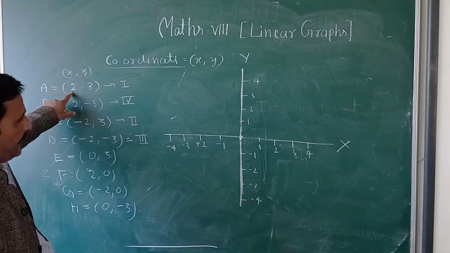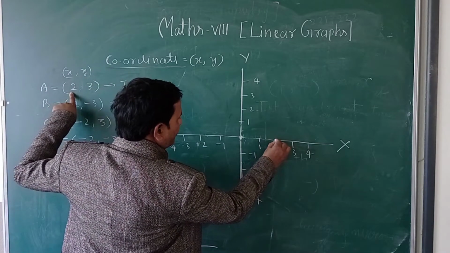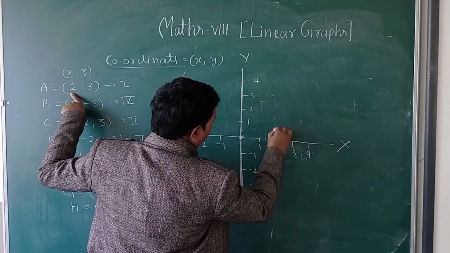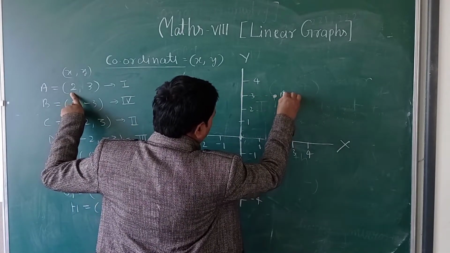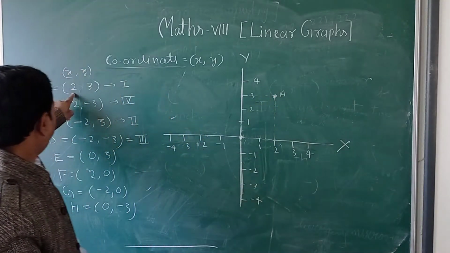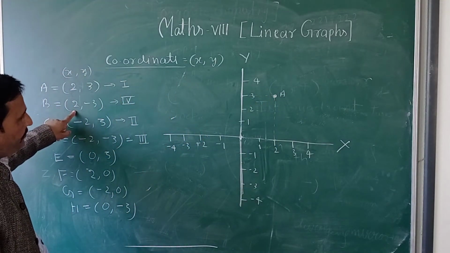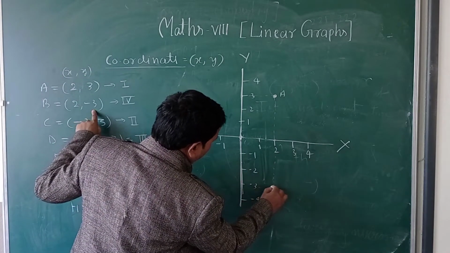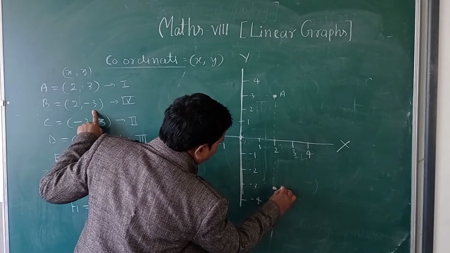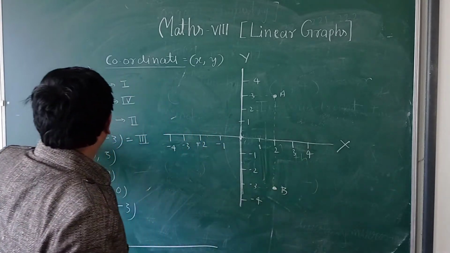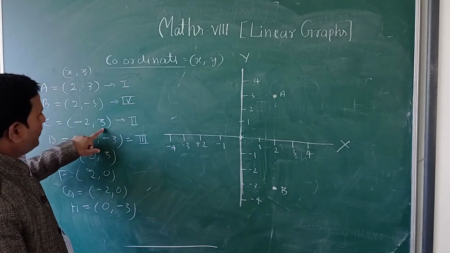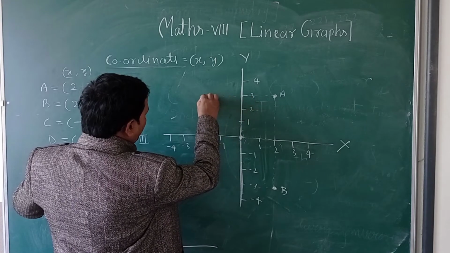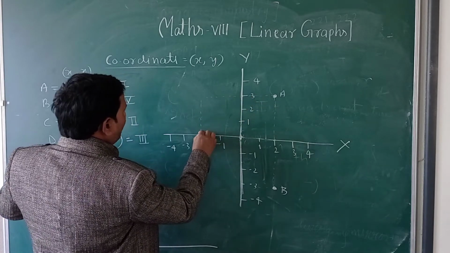Point A: x value 2, y value 3. This is point A. Point B: x value 2, y value minus 3. This is point B. Point C: x value minus 2, y value 3.